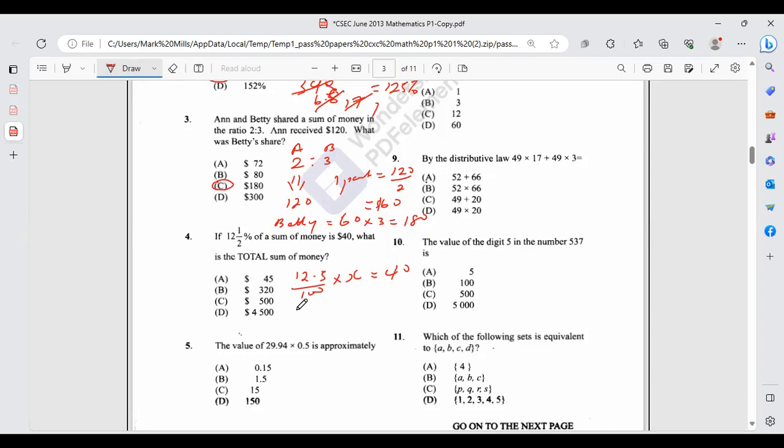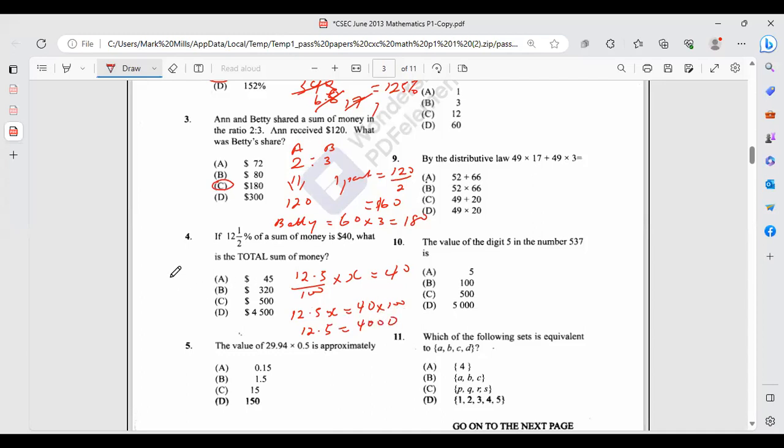So you're going to get rid of the 2.5 divided by 100. Let me show you the best you could do here. Let's do this: 2.5 X is equal to 40 times 100. So move this one to go multiply. So we get 2.5 X is equal to 4,000.